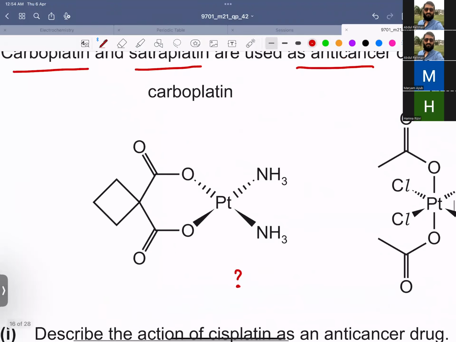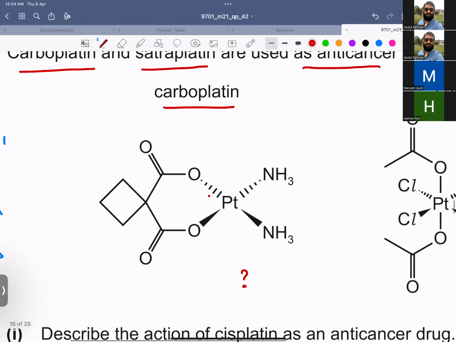It's a carboplatin, right? Any suggestion? Because of the bidentate ligand. So what happens due to the bidentate ligand?